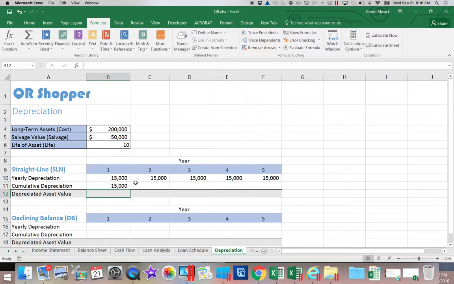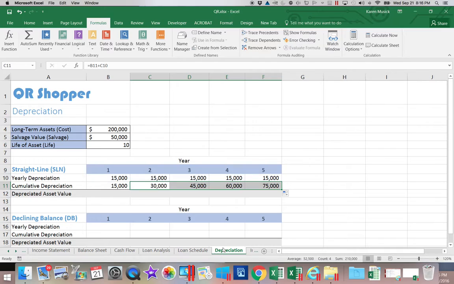Now this second year, it's going to be equal to the first year's depreciation plus the depreciation in the second year. So every year it's going to look at the year before, add the current year, and put the total there. So if we copy this across, you'll see it keeps accumulating.